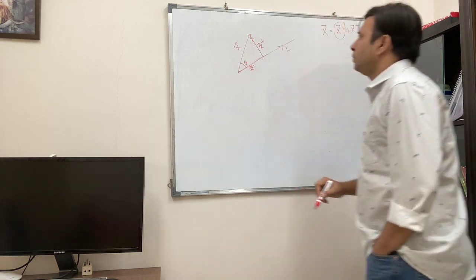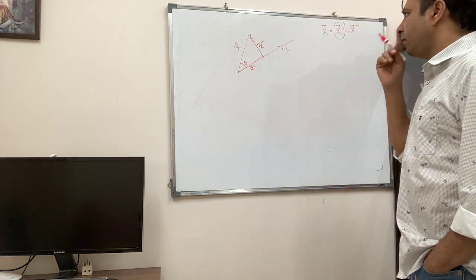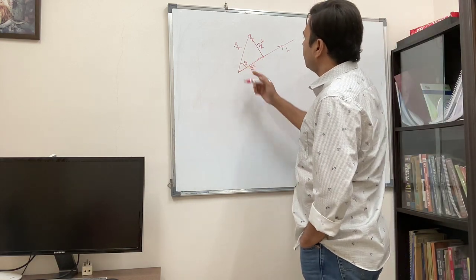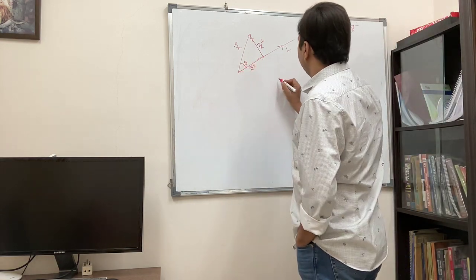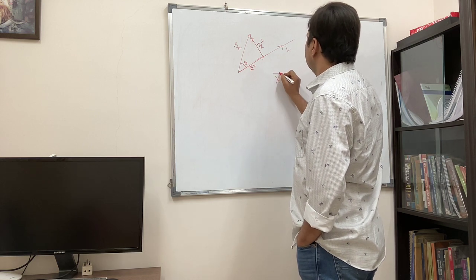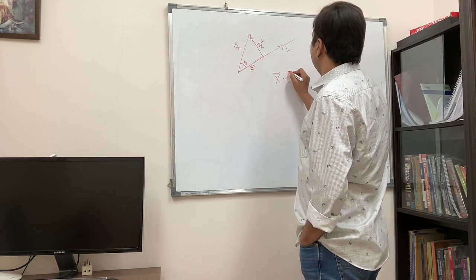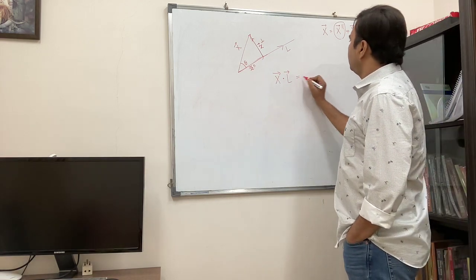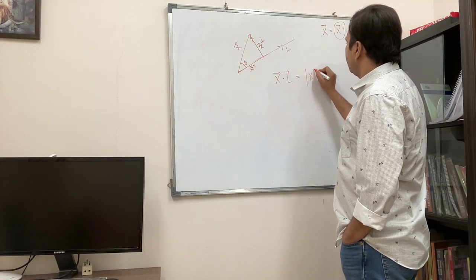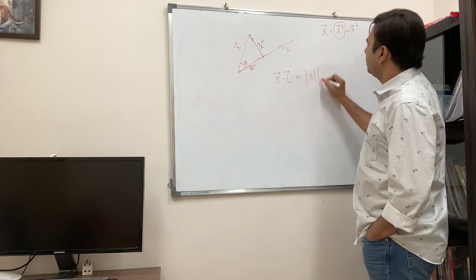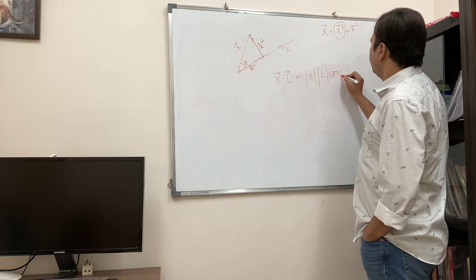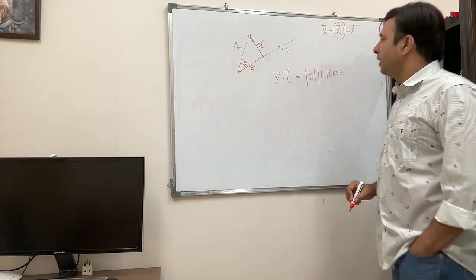If you think of them as 2-dimensional vectors, the vector dot product x dot L is equal to the length of vector x times the length of vector L times cos theta, the angle between them, right?